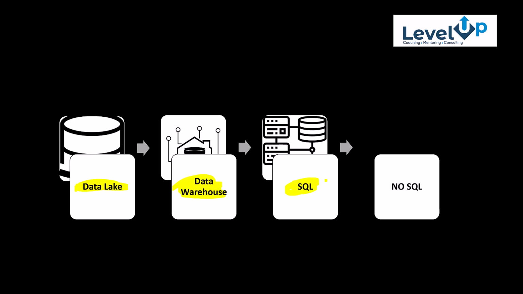You can call it an Oracle database, MySQL server, SQL database, whatever database. That is basically a relational database which is used to store structured data. A SQL database basically stores structured data where the schema is defined. There is another type of database called a NoSQL database.